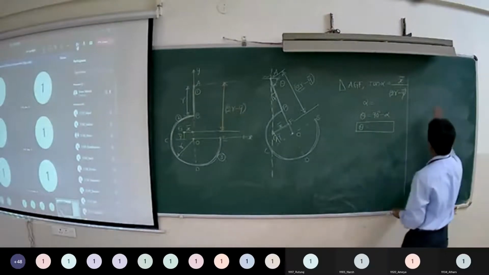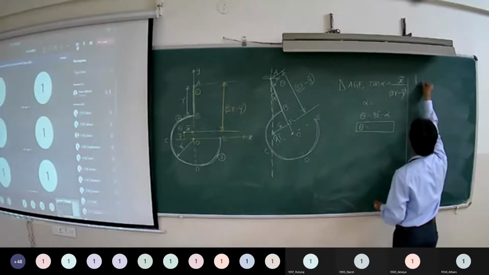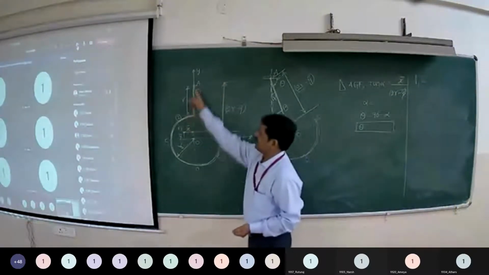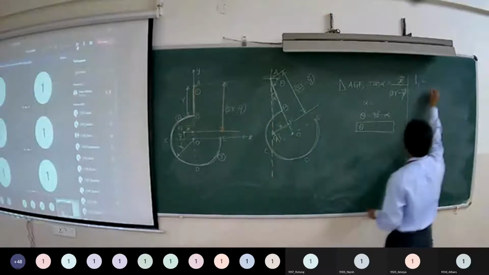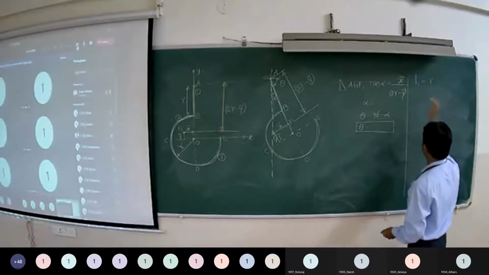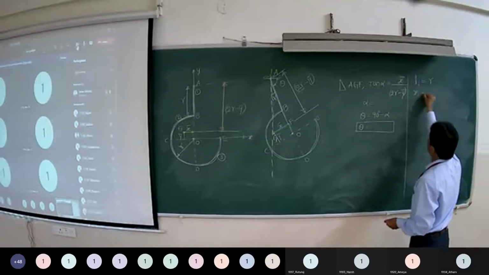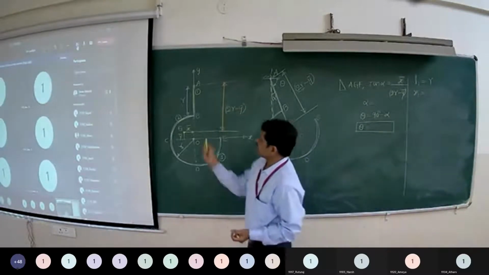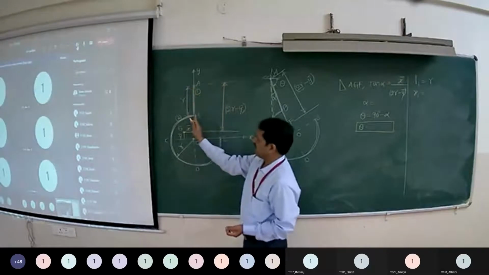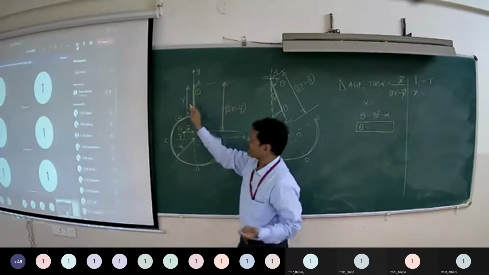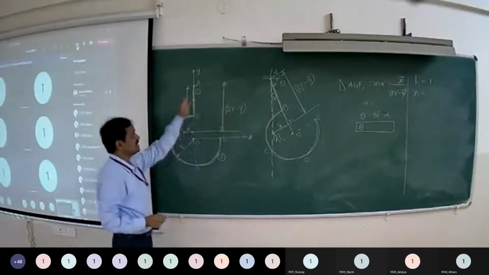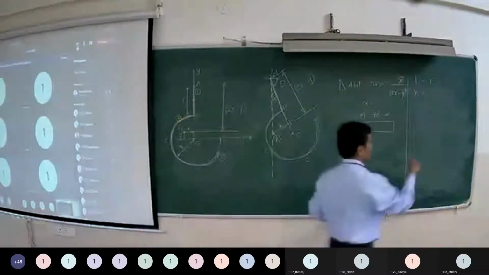Now you tell me these values. L1, length of AB, is R. X1. What is X1? Distance of centroid of AB from y-axis. So midpoint is the centroid, so its distance from y-axis is 0.